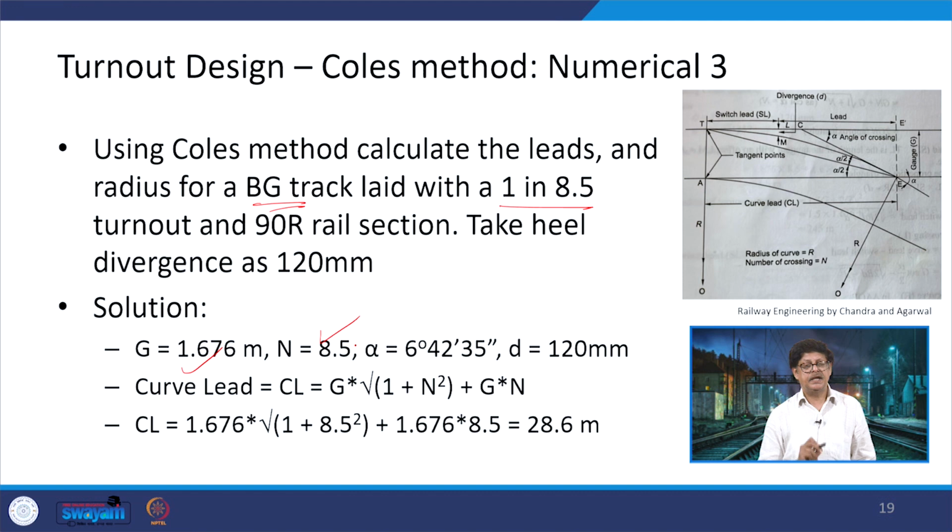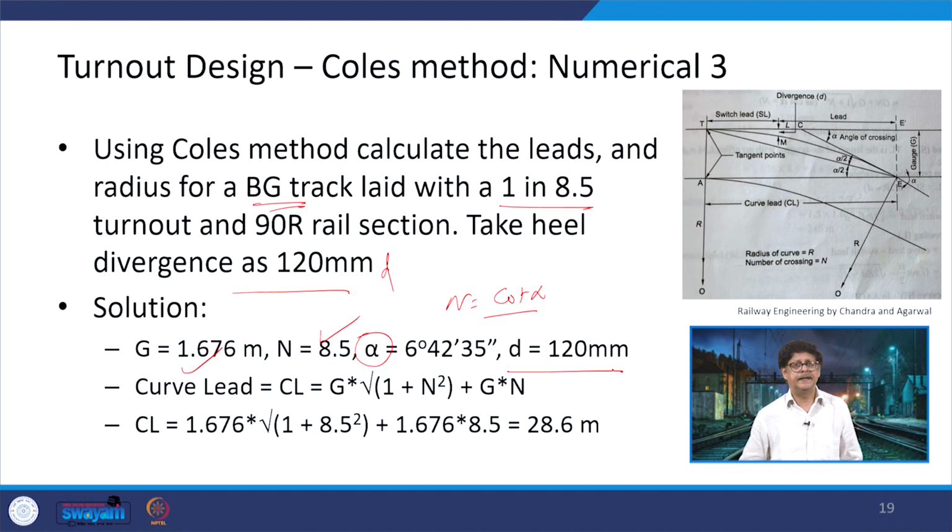Considering this N of 8.5 and Cole's method or right angle triangle method, if we say N is equal to cot of alpha, we can find out the value of alpha. Another value given is that take the heel divergence as 120 mm. So, this is a small d. Small d is 120 mm, already given to us, so we are not calculating that.